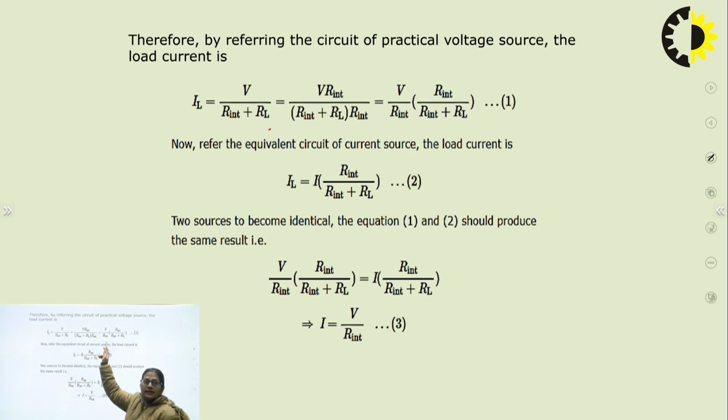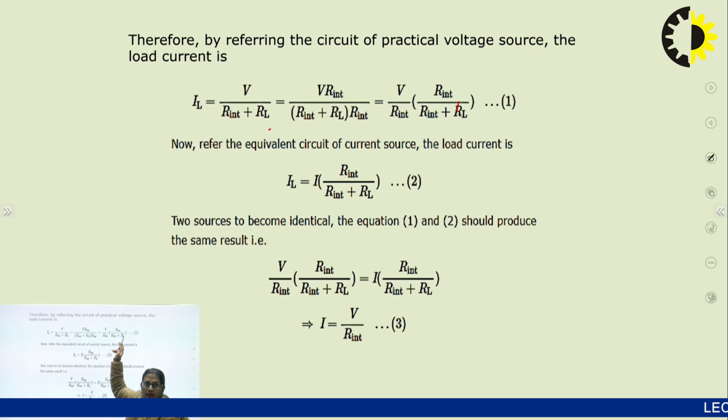Rewriting it as R internal plus RL, multiplying and dividing the numerator and the denominator by R internal, then we get V upon R internal, which gives me the current I, multiplied by R internal divided by the total resistance.